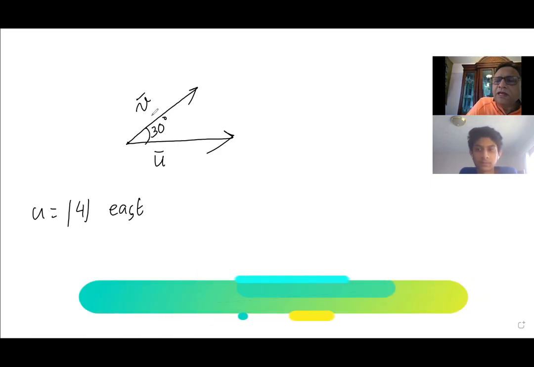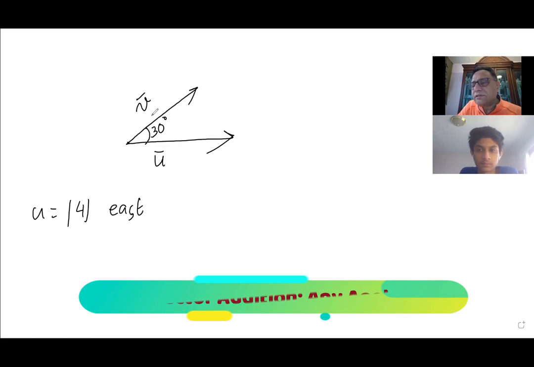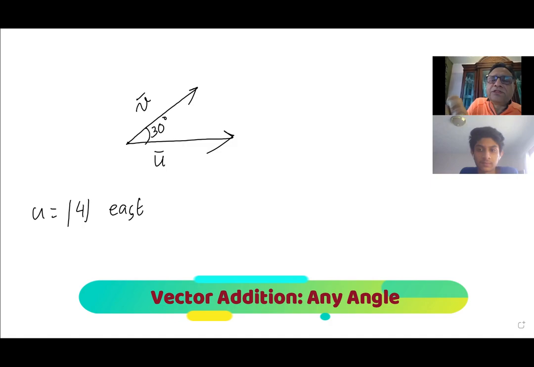If I want to add these two vectors, like last time when we added two vectors to get the resultant, how do we add them? This is what let's look into now.